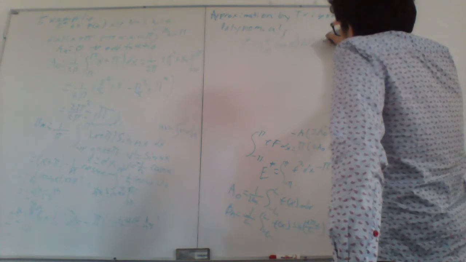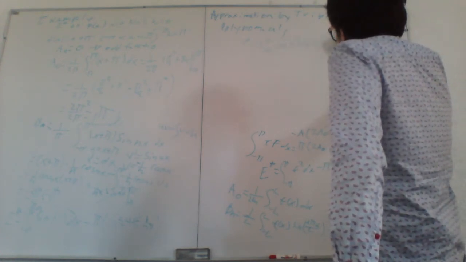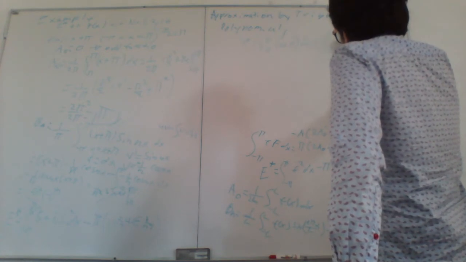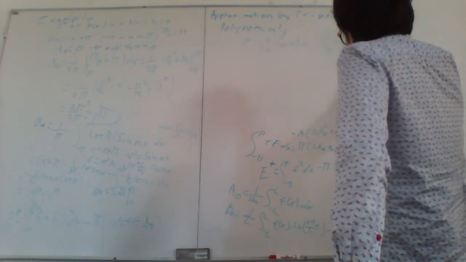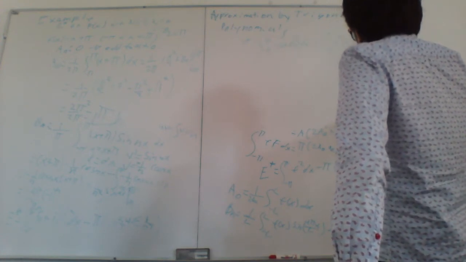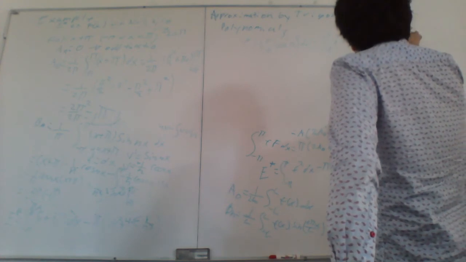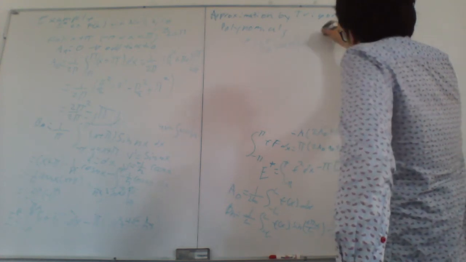We solve the integral from minus pi to pi of x squared, plus the integral from minus pi to pi of 2 times x pi, plus the integral from minus pi to pi of pi squared dx. Okay.